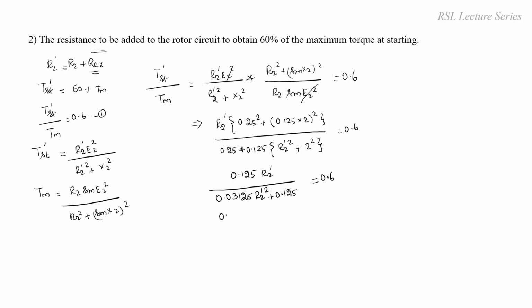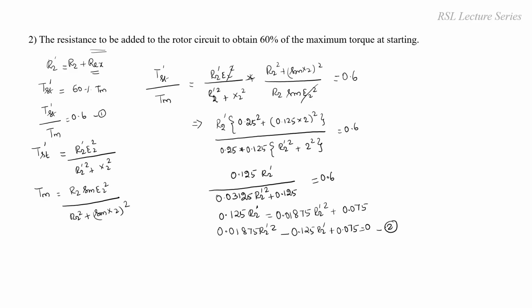On cross multiplication, we'll get 0.125 R2 dash equal to 0.6 multiplied with the denominator term. On multiplying this, we will get 0.01875 into R2 dash square plus 0.075. On rearranging this equation, we'll get 0.01875 R2 dash square minus 0.125 R2 dash plus 0.075 equal to 0.